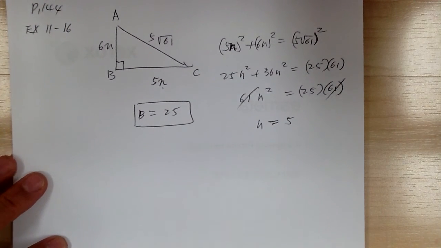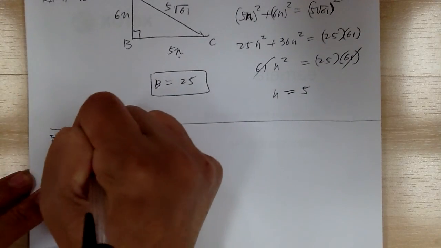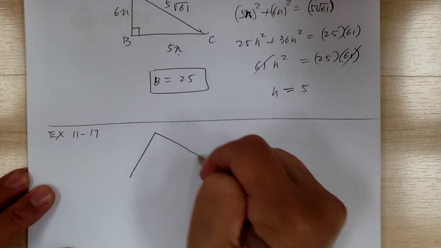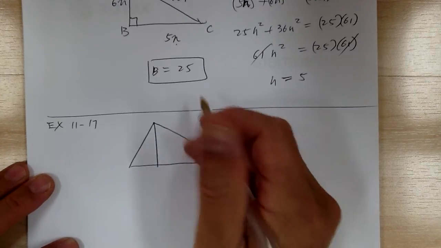Okay, let's go to example 11-17. When you have the right triangle, draw a 30-60, that way when you draw, you can tell which is long and which is short.